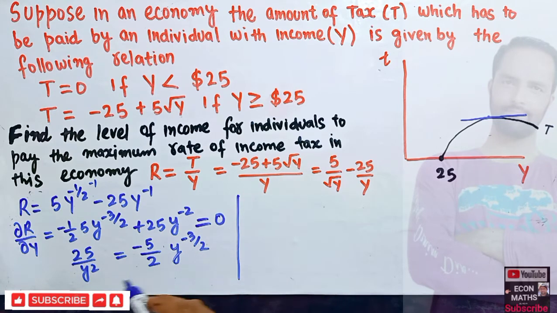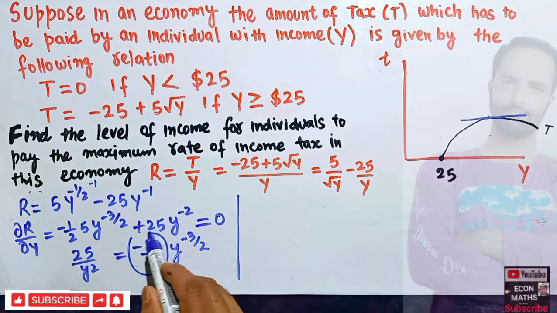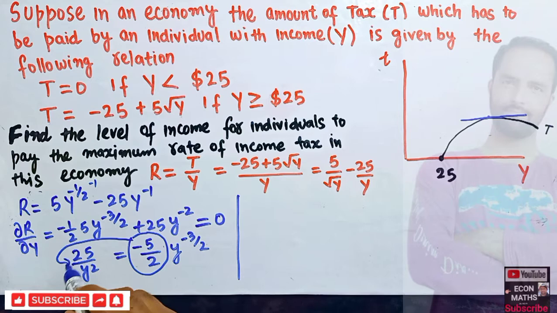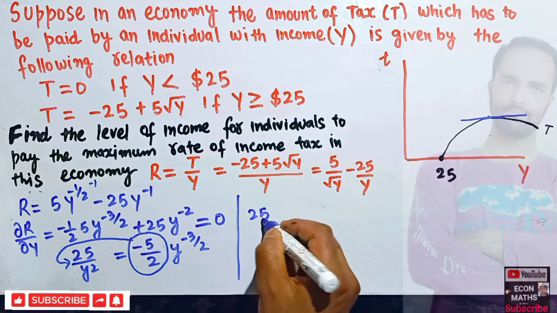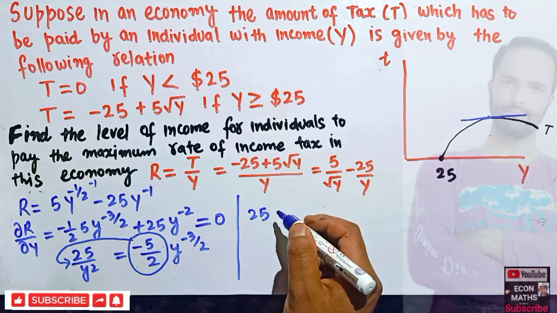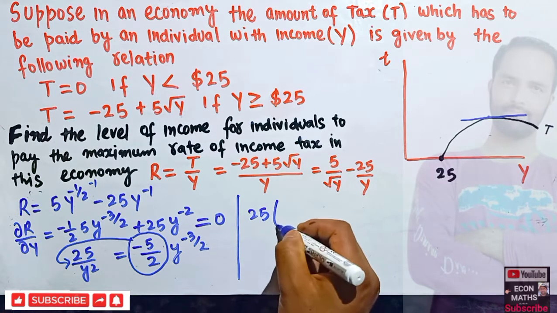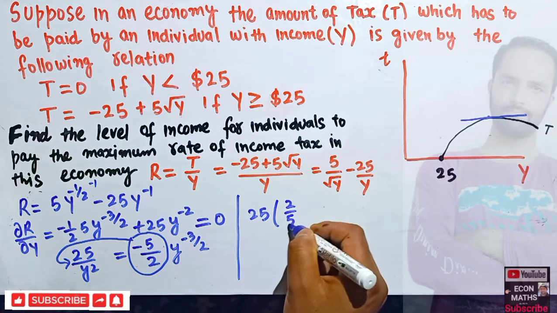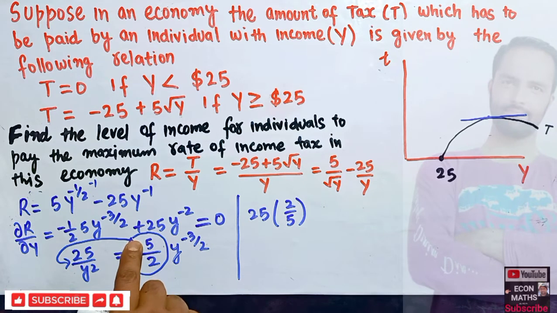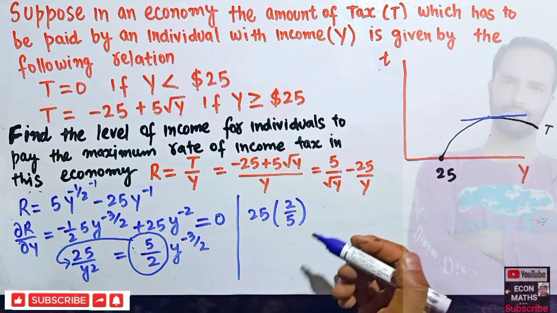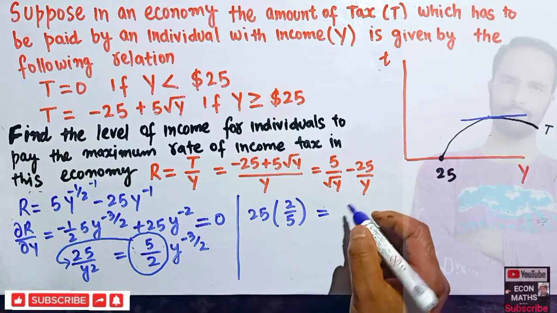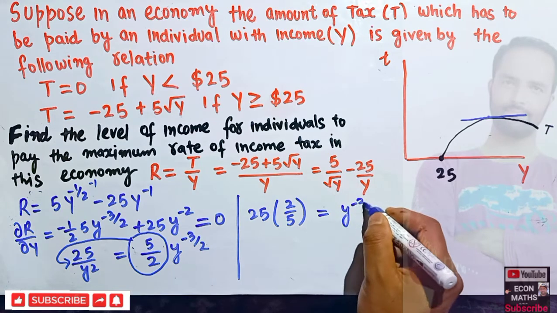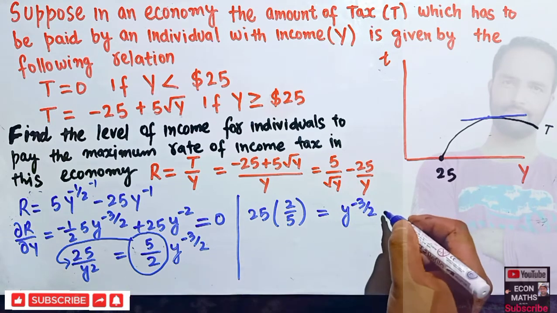If I transpose this term to the LHS, it will get reciprocated and multiplied, and we have 25 into 2 upon 5. This is obviously positive when I transpose it, sorry for this mistake. It will be equal to, let's transpose y square here, so we have y raised to the power minus 3 upon 2 into y square.